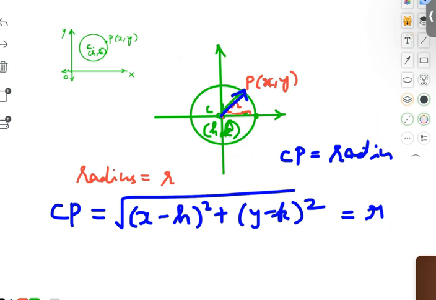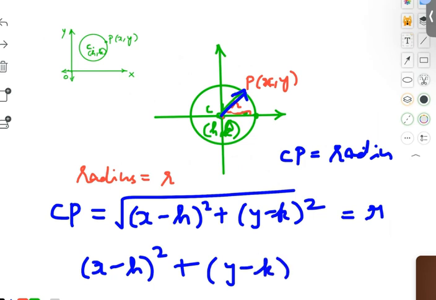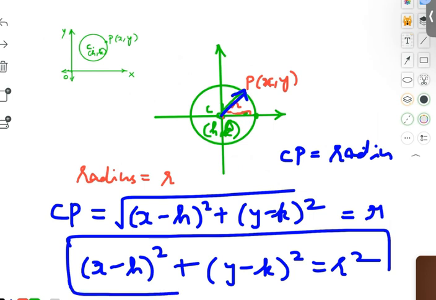Square both sides: r square. Now this is going to be the equation of your circle. The center is h and k.